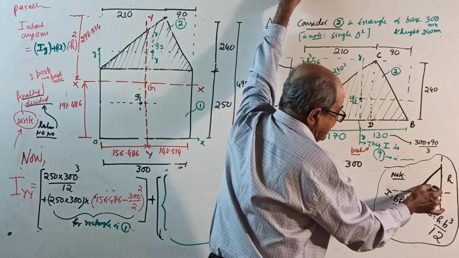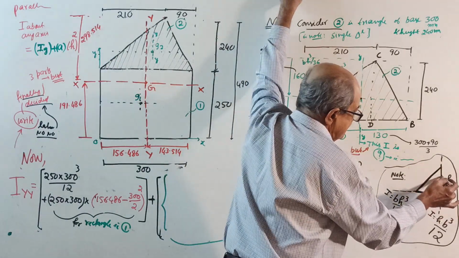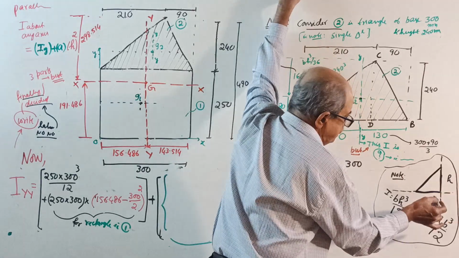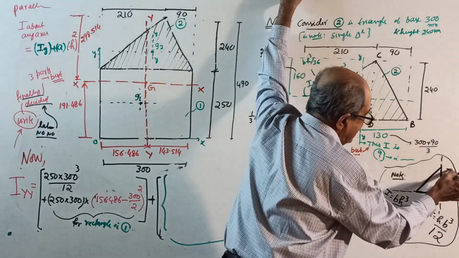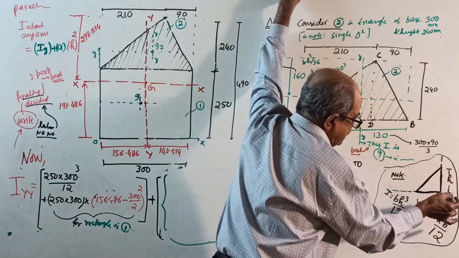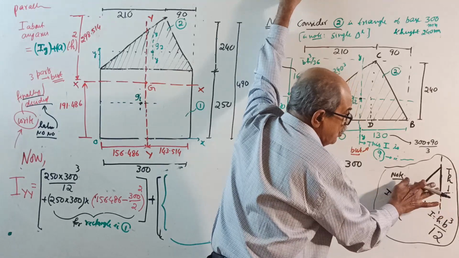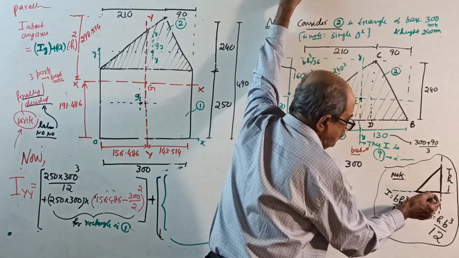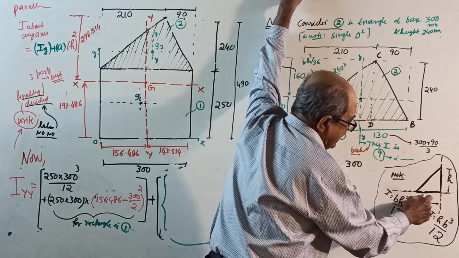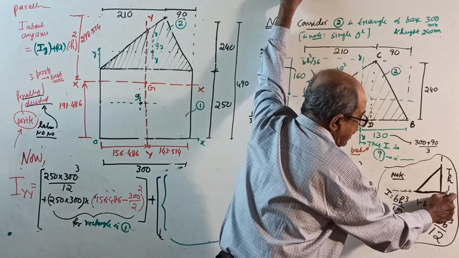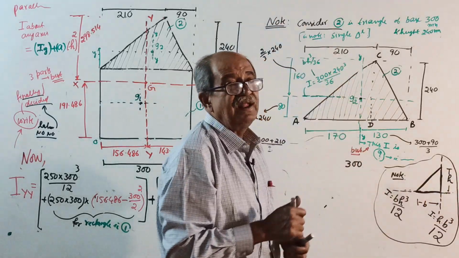For a right angle triangle, if the base is B and height is H, I about the base, parallel to the base, is B into H cube by 12.